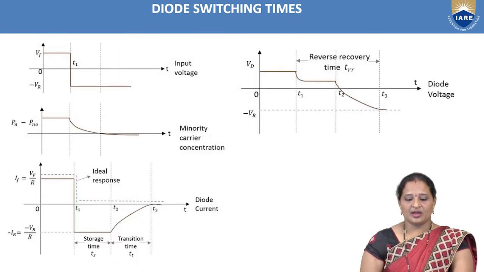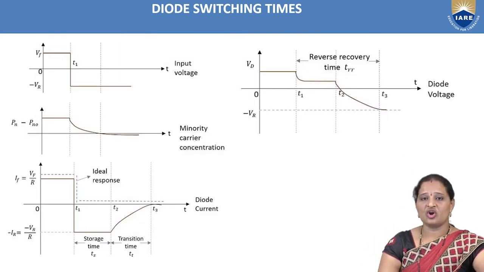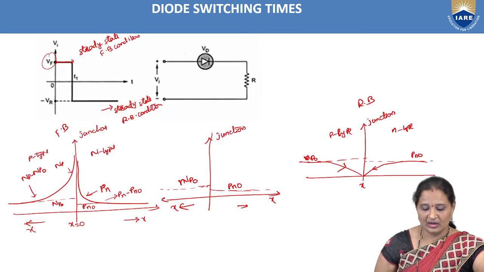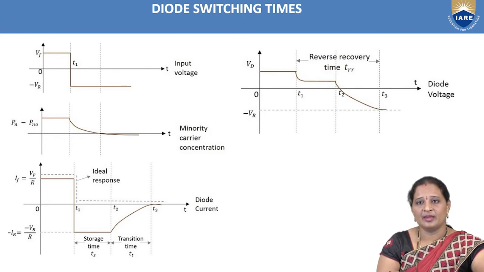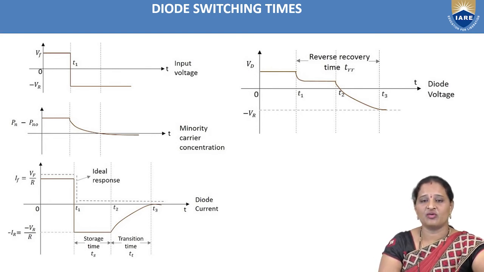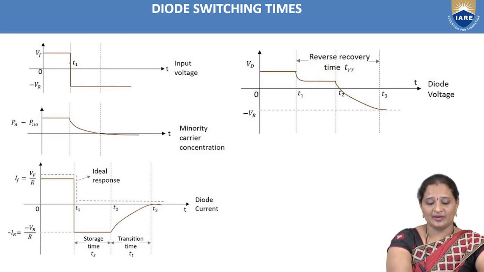So here, let us draw the waveforms. Let us see the waveforms of the voltage across the diode and the current flowing through the diode for the voltage applied like this, that is VF and minus VR.